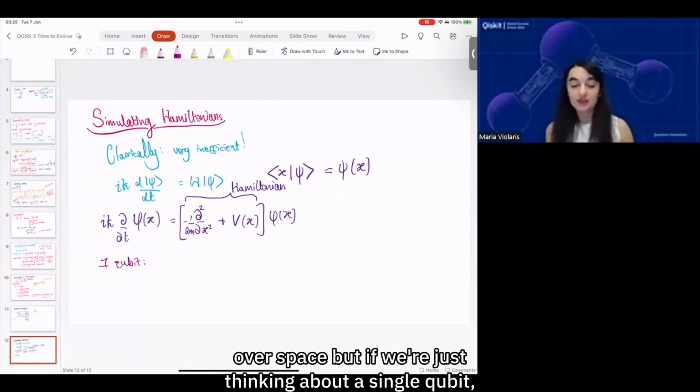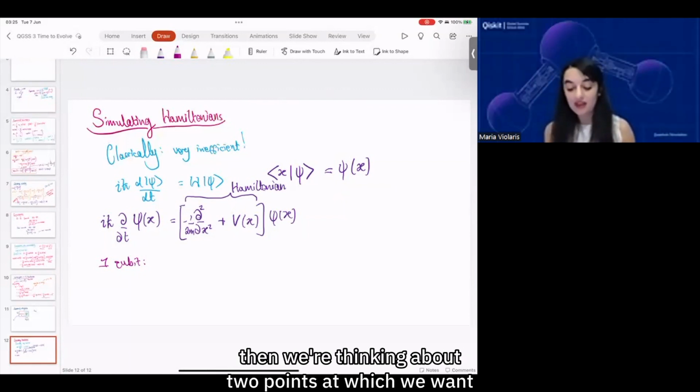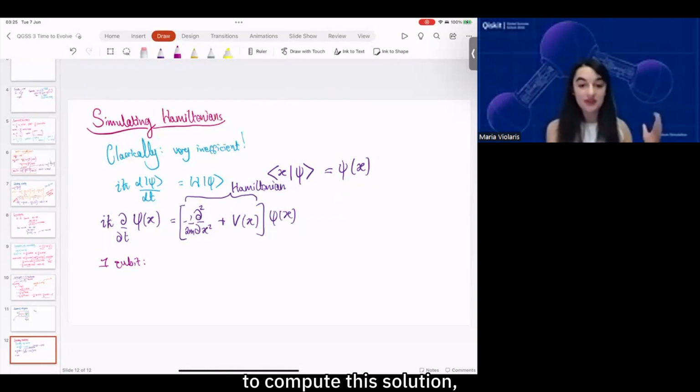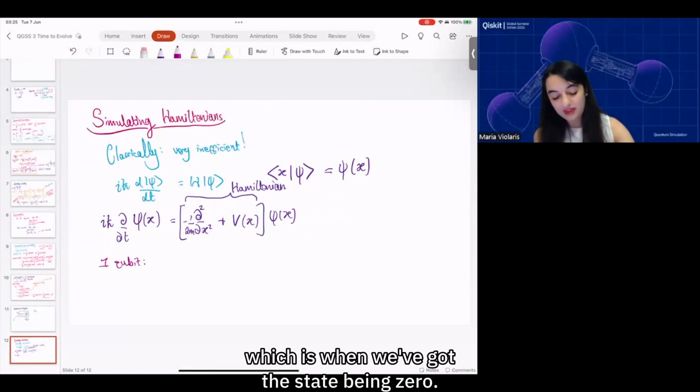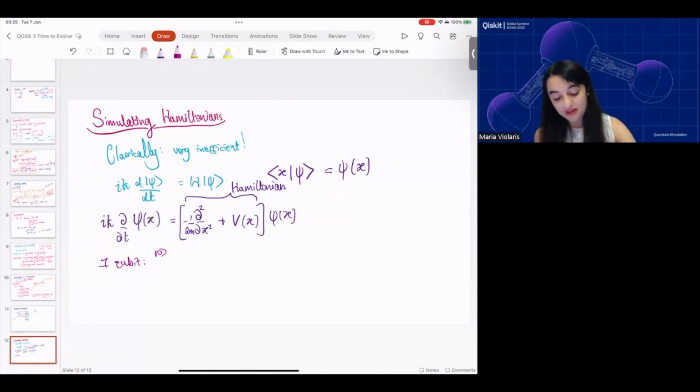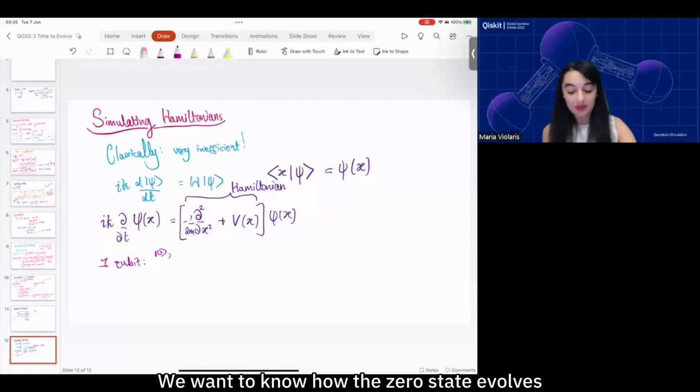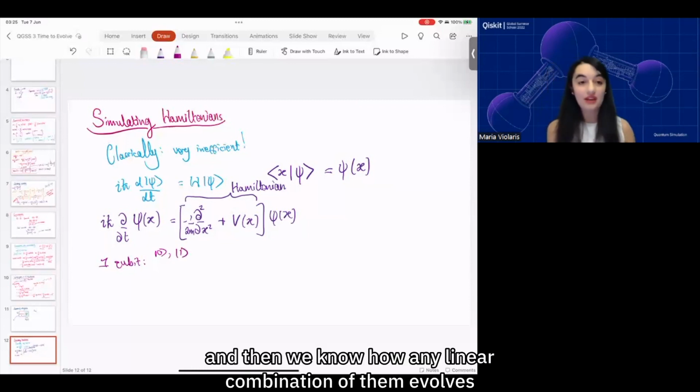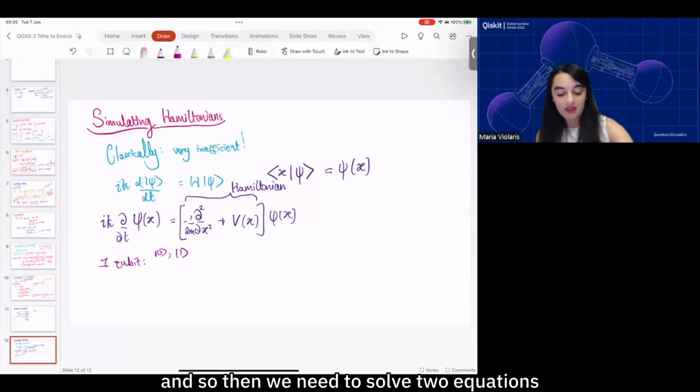But if we're just thinking about a single qubit, then we're thinking about 2 points at which we want to compute the solution: the state being 0, and the state being 1. We want to know how the 0 state evolves and how the 1 state evolves, and then we know how any linear combination of them evolves. So we need to solve 2 equations.